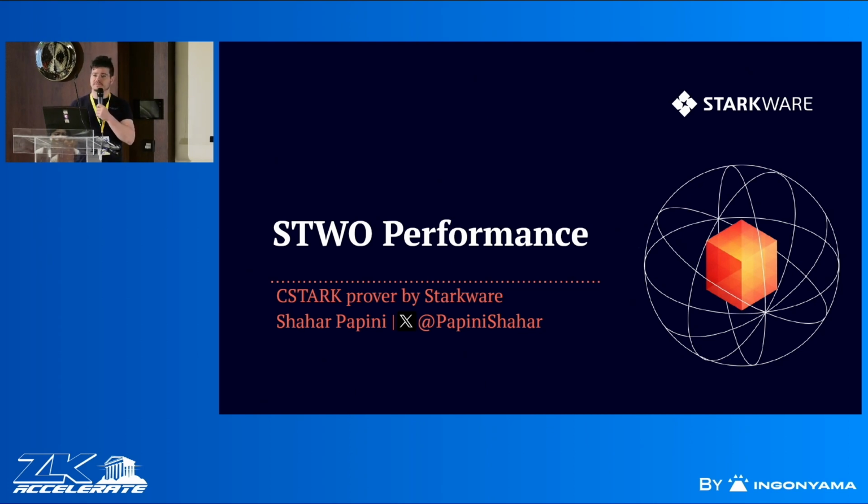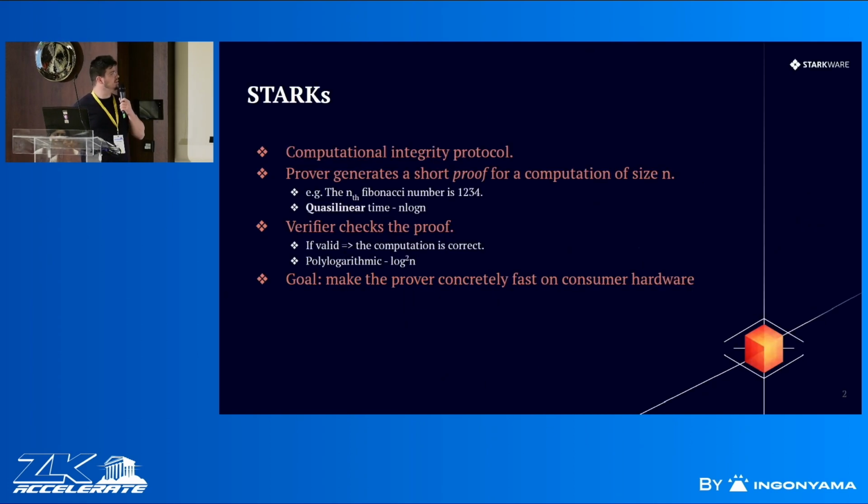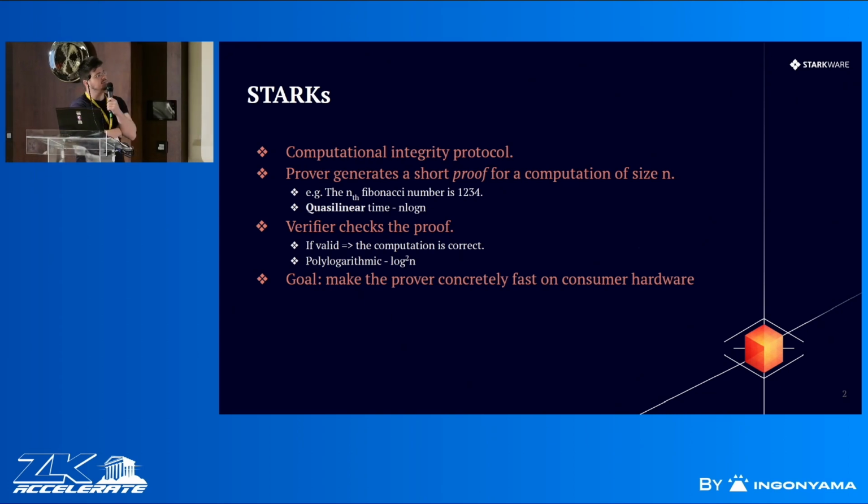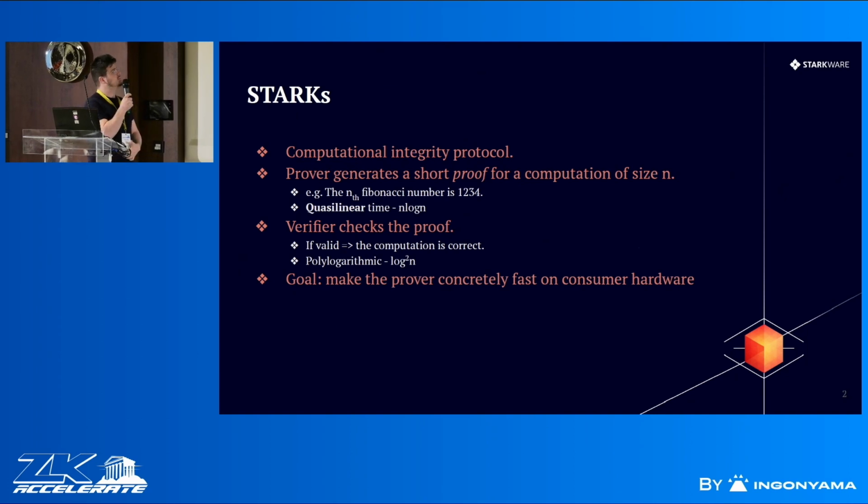STWO is an open source prover. I'll share the numbers in a bit. Okay, so first of all, what are Starks? It's a protocol for computational integrity. It means the prover has some computation he wants to prove for another verifier. The goal is that the verifier will have to do a lot less work than the computation itself, something logarithmic in size.